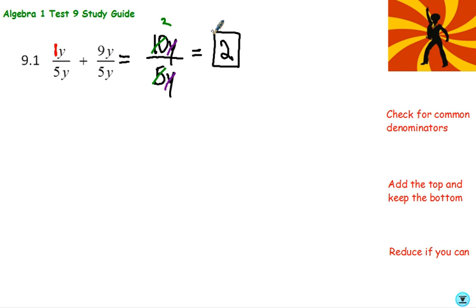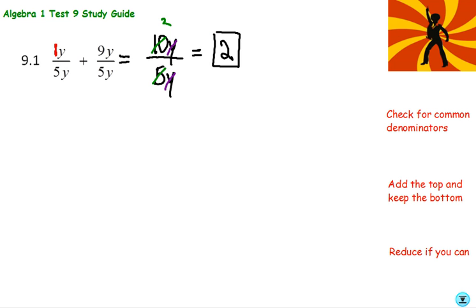And that's it. I know that probably seems like there should be more to it, but if they have common denominators already, then 90% of the work's been done for you. It's when they don't have common denominators that you're going to have to do a little more, which is actually what we'll do in number 10. But let's stick with number 9, so see what you get with 9.2 and 9.3.